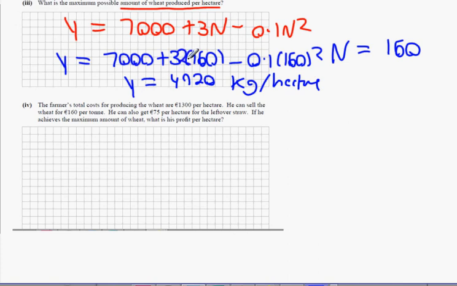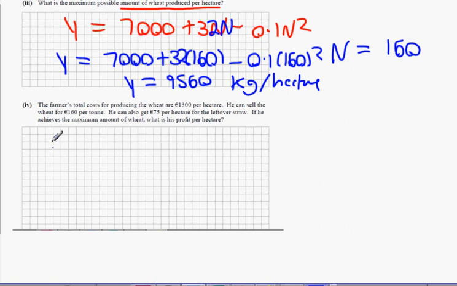So if you just quickly change that, we're using the original formula, which is 32n. Thank you. And what we should get is 9,560 kilograms per hectare.